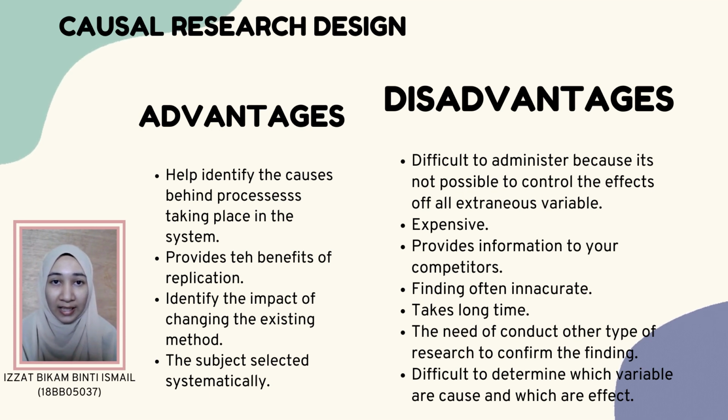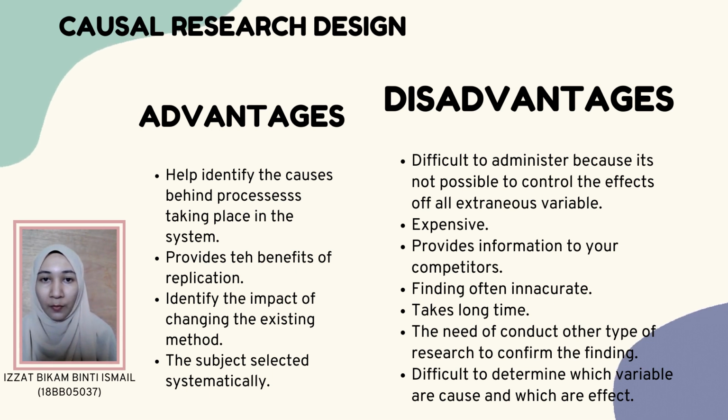The disadvantage of this type of research is that it is difficult to administer because sometimes it is not possible to control the effects of all extraneous variables. Next, it is one of the most expensive types of research and requires a great deal of money. Next, it provides information about your plan to your competitors.